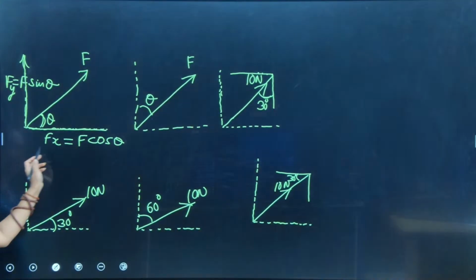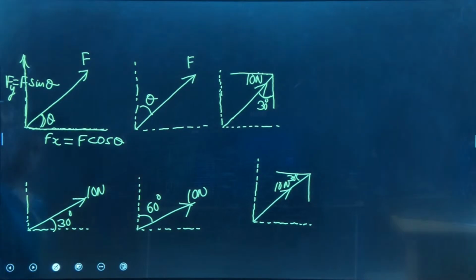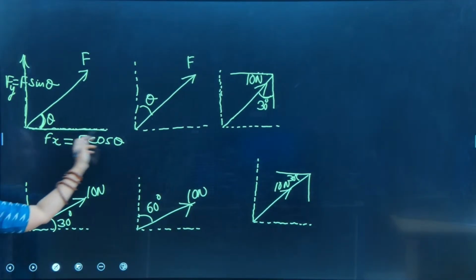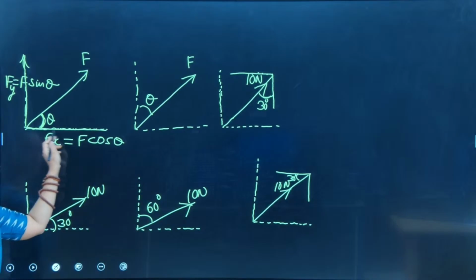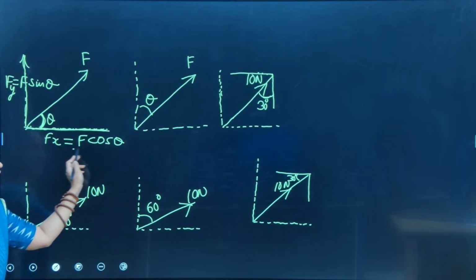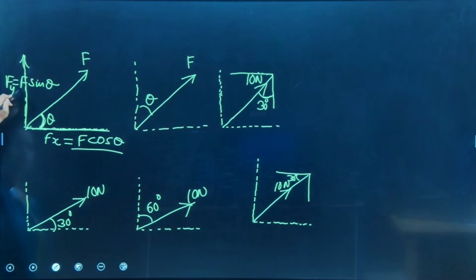Why have I taken this as F cos theta and this as F sin theta? Because the angle of inclination of the force is with the horizontal. Theta is with horizontal. That's why this component will be F cos theta and the other component would be F sin theta, right?